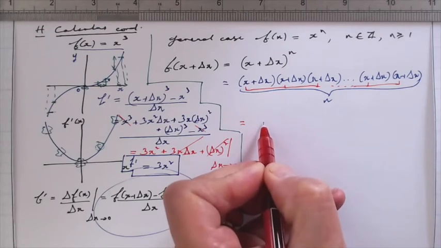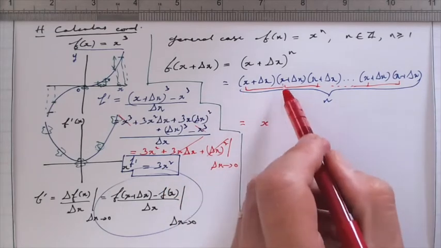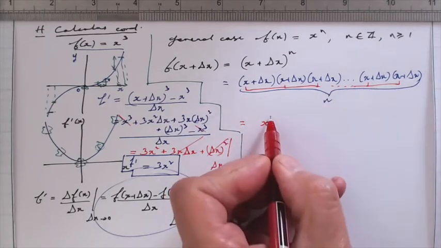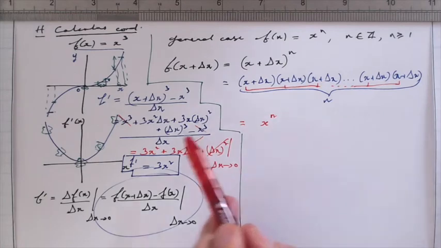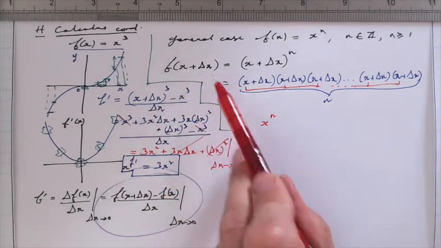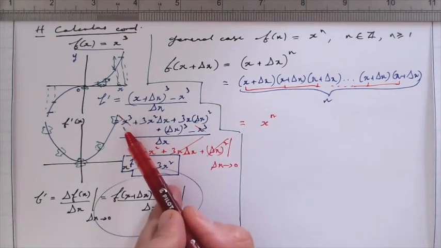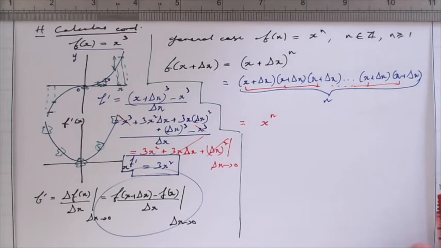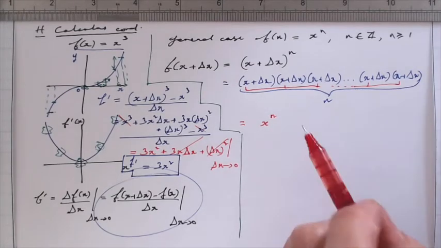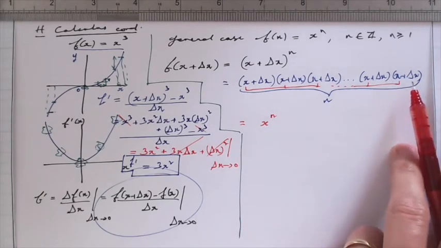And it is the big thing, which is x, multiplied by itself n times. Which is no surprise, because we've seen in the past that when we look at this f of x plus delta x, the thing that sort of comes out front is just the original function.